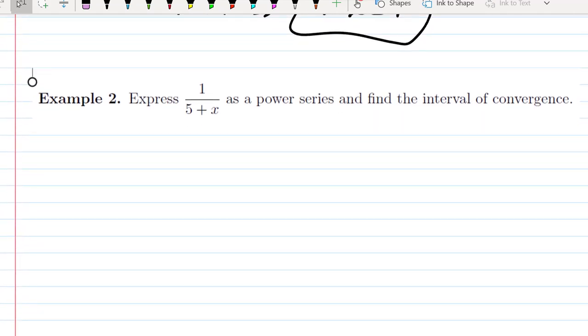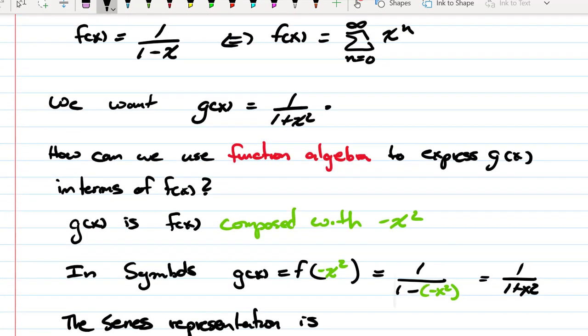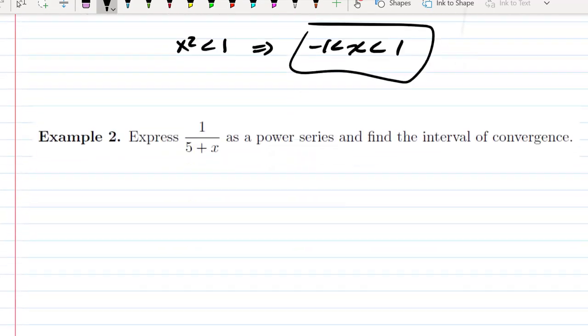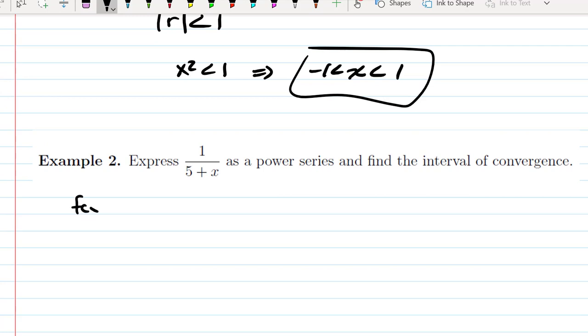So once again, our goal, just like what we had here, is we know that f of x is equal to 1 over 1 minus x, which is the geometric series, the sum as n goes from 0 to infinity of x to the n.